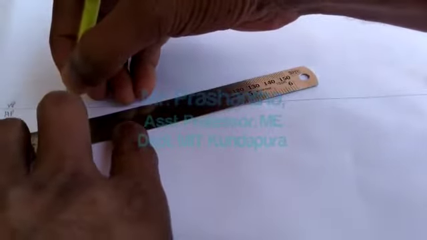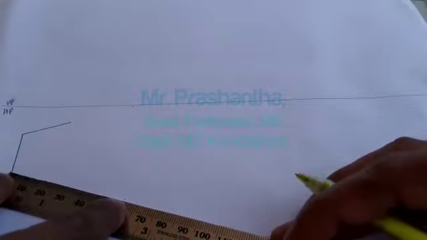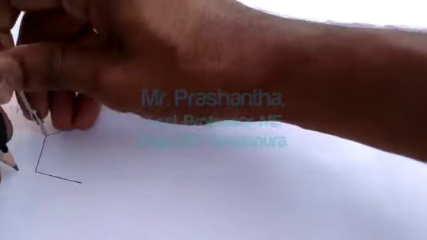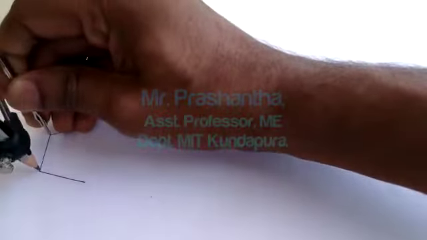Here 25 mm again, 108 degree angle and 25 mm length. Then take the compass and measure this 25 mm length.